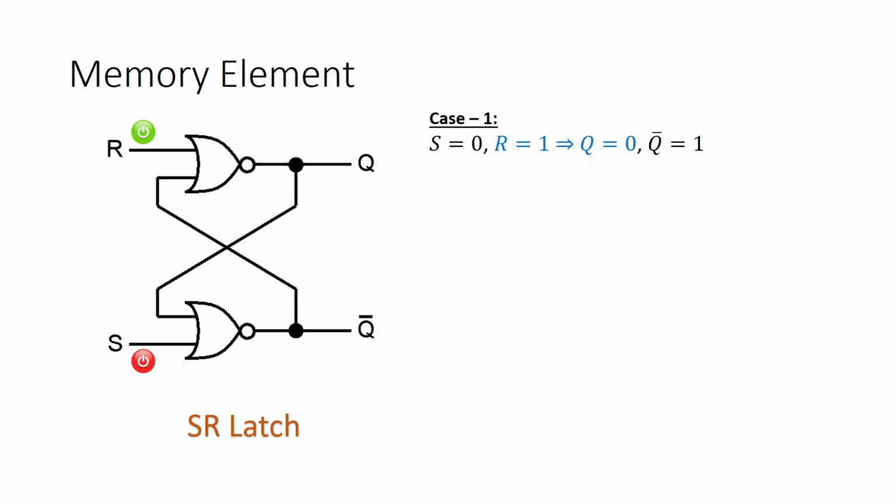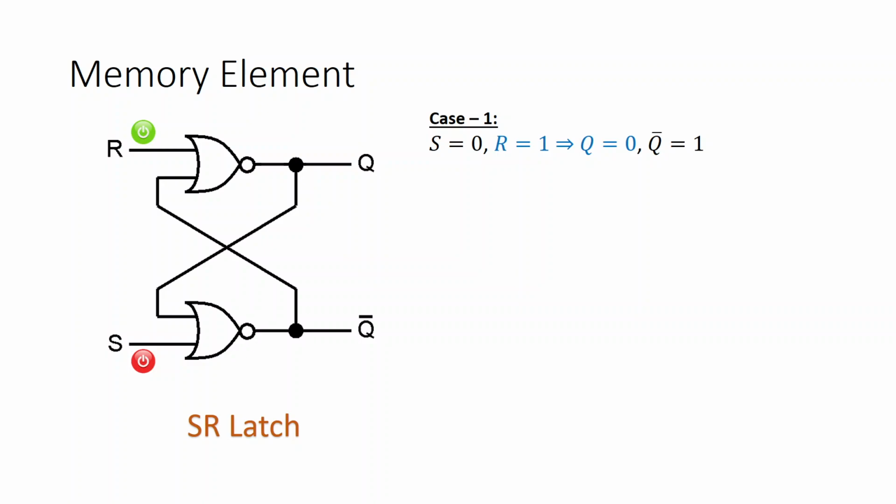Now, I have denoted the 0 and 1 with the red and green switches to make it more elaborate, or to represent it pictorially. But you can understand that the basic feature of the NOR gate is that whenever the input is 1, the output will be 0, it is bound to be 0.